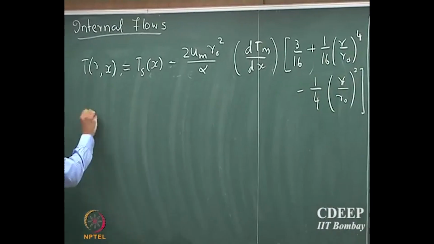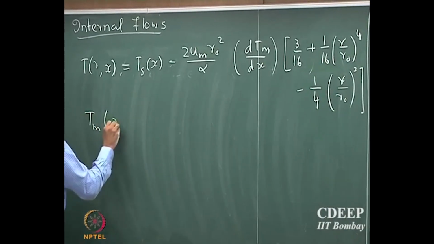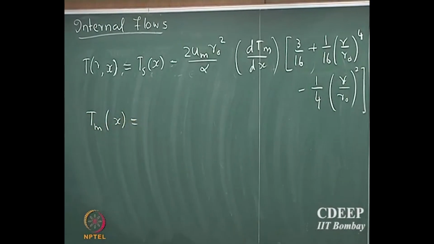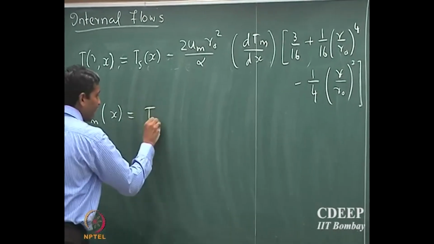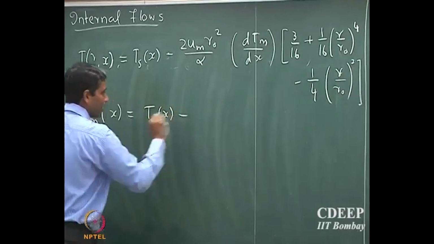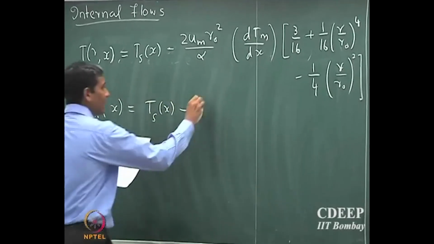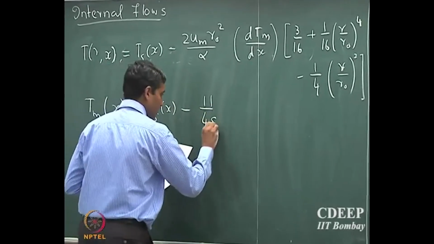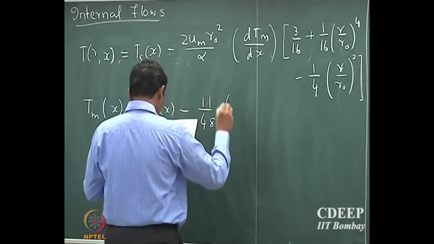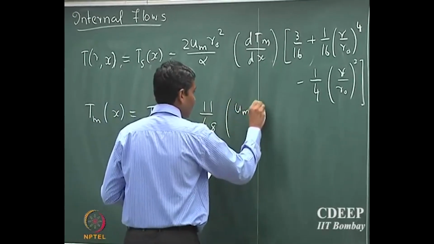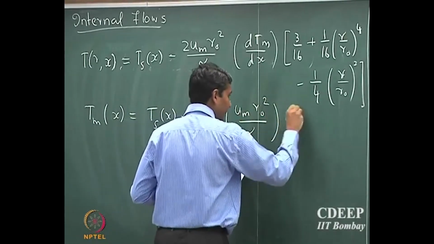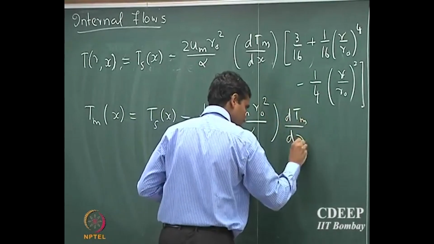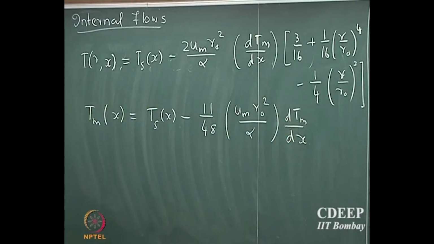Now if I find out what Tm is from here, by integrating over the cross section, that will be Ts, which remains constant, minus 11 by 48 into um r naught square by alpha into dTm by dx. Okay, so that's the expression for Tm.